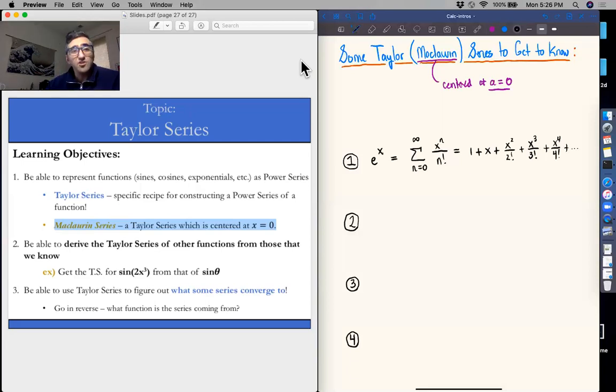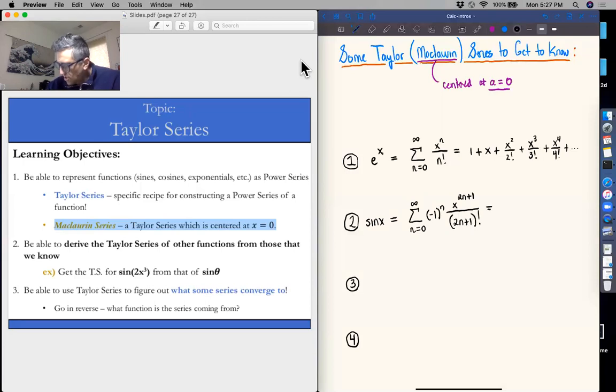Some of the other functions that we'll see Taylor series or Maclaurin series of are things like sine and cosine. The Taylor series for sine is the series from n equals 0 to infinity of minus 1 raised to the power of n. So we have this flip-flop of signs, or alternation in sign, plus minus, times x raised to the power of 2n plus 1, all divided by (2n plus 1) factorial.